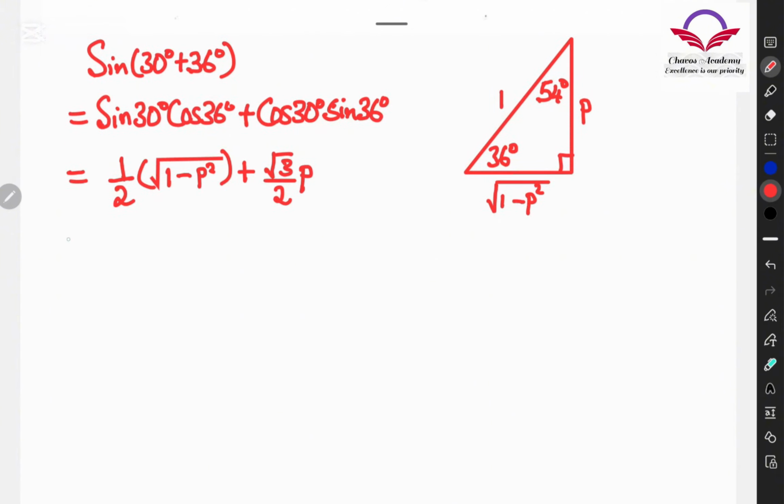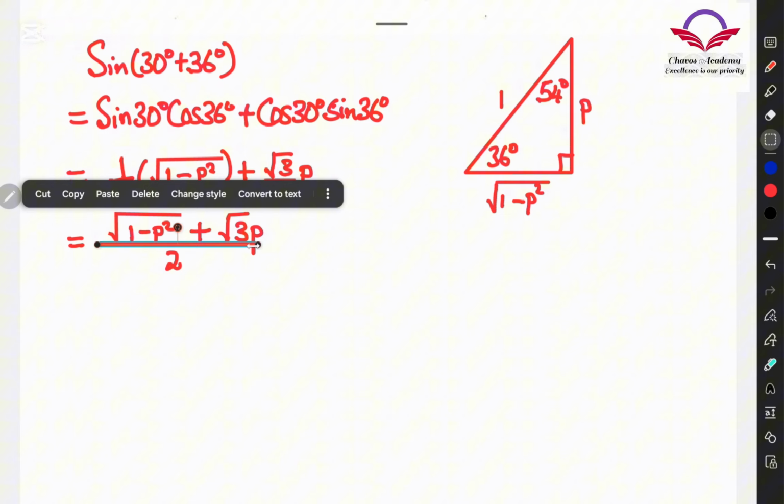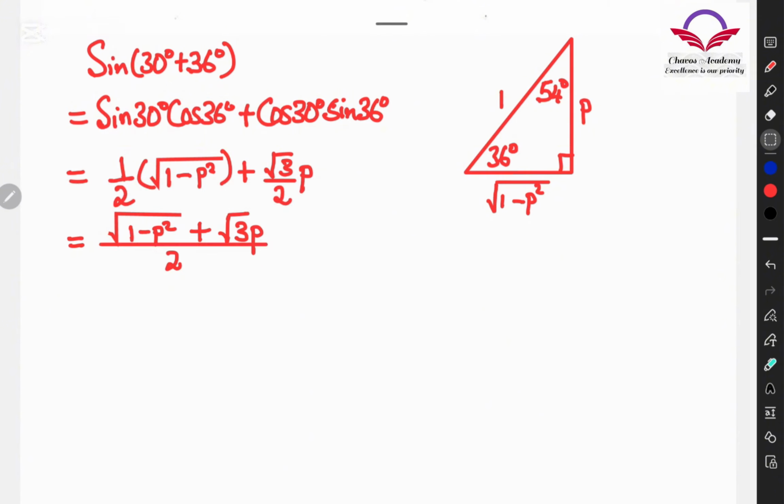We can tell that the two terms share the very same denominator. You will have your 2 down there, and the numerator will be the square root of 1 minus p squared plus square root 3 p. This will be the answer.